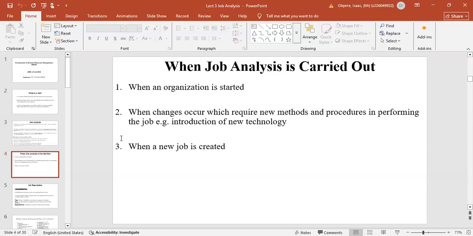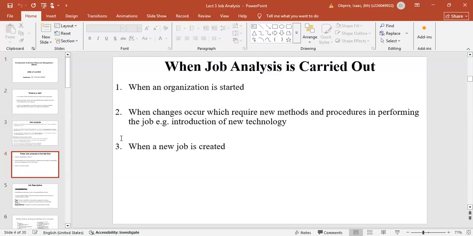Three, when the ways of doing things change, especially through the introduction of technology, and the ways of doing it previously no more work. So with that, we need job analysis.